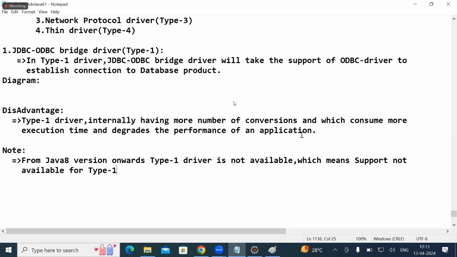You must not use Type 1 from Java 8 version and above. If you want to use Type 1, you must use Java 7.